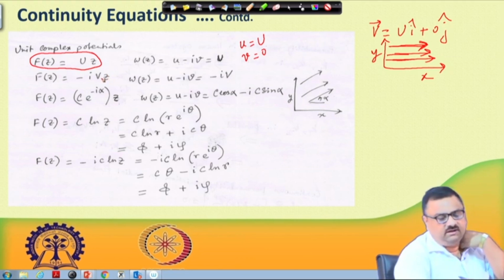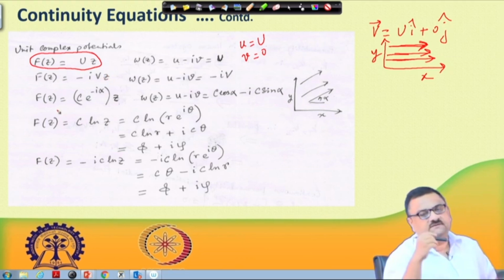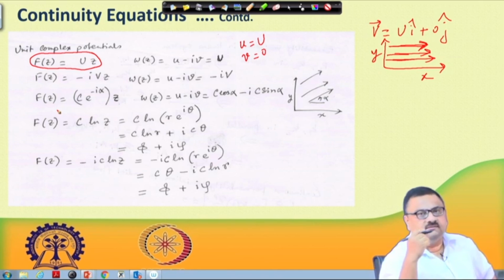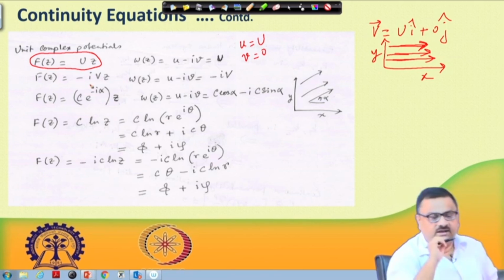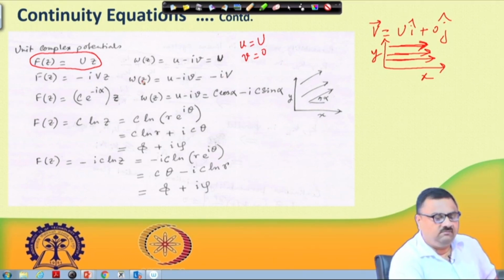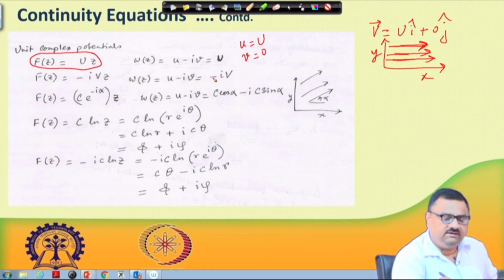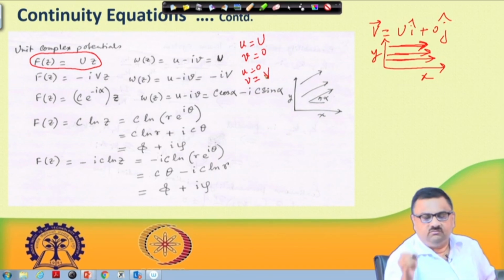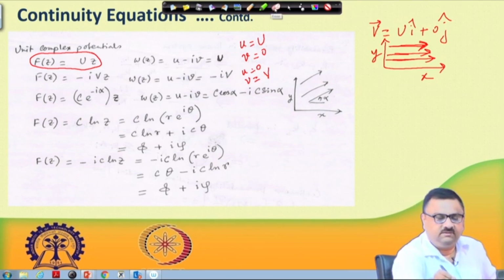Now, we look at the function fz. What we are trying to do is find different expressions for fz, where fz represents some elemental flows. So, fz equal to minus ivz. If we take the derivative of it, it becomes minus iv, and on the other hand Wz is u minus iv. If we equate the two, in this case we see u is equal to 0 and v is equal to capital V. So, what kind of flow is taking place here?